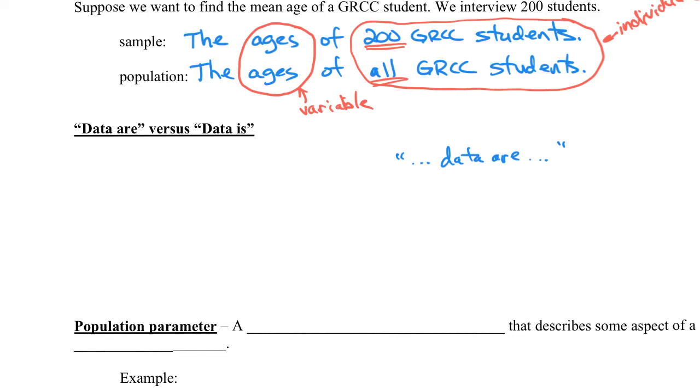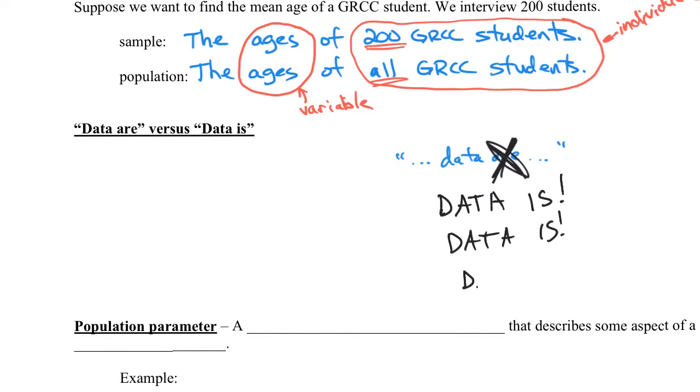And this student was very angry about this, and I still remember this. She crossed this out and she wrote in all caps how important it was. Data is. Very excited about this. Like, don't say data are, it's data is.